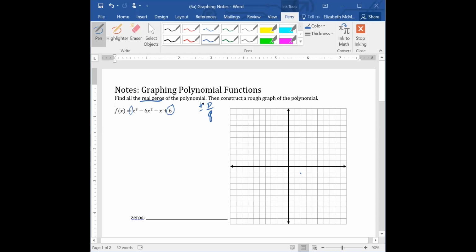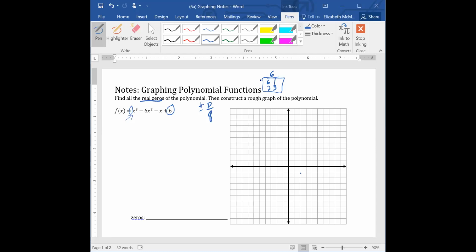What are the factors of 6? We have 6 and 1, and we have 2 and 3, so 1, 2, 3, 6. And our leading coefficient here is 1, so our possible zeros are just going to be 1, 2, 3, and 6, because 1 divided by 1 is 1, 2 divided by 1 is 2, you get the idea.